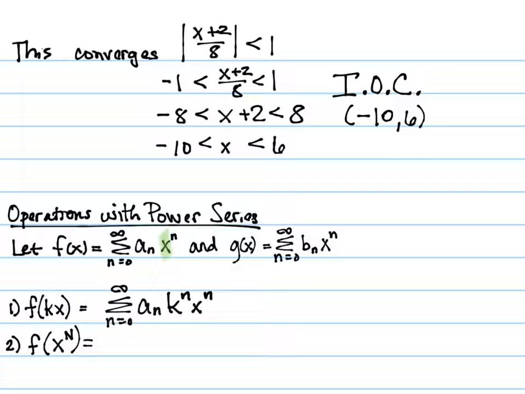But we're going to be okay. So this will be the summation from n equals 0 to infinity, and we're replacing the x with x to the capital N. So you have a power to the power, you end up multiplying the power. So a sub n, and then it's x to the n times capital N, or you could do capital N times n. So you end up multiplying the exponents.